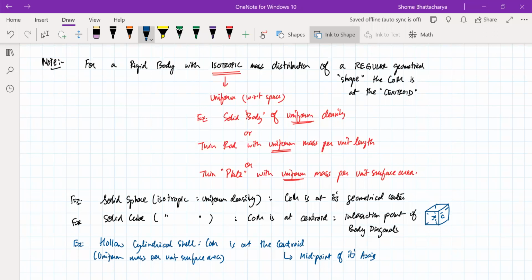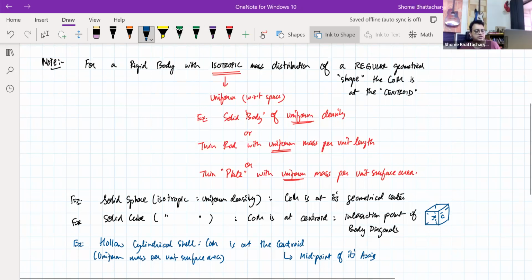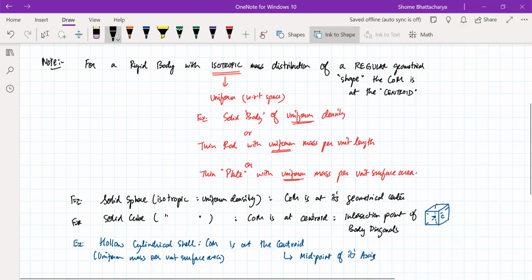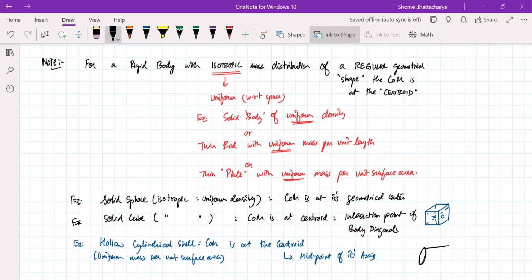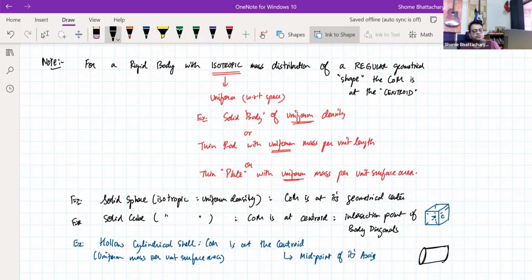Sir, what's this axis? Cylinder symmetry axis. The axis of a cylinder is the axis that you get by taking points equidistant from all the surfaces. Basically, if you cut the cylinder into discs, or in this case, hollow rings, because it's a hollow cylinder, you get the midpoint of all those rings.